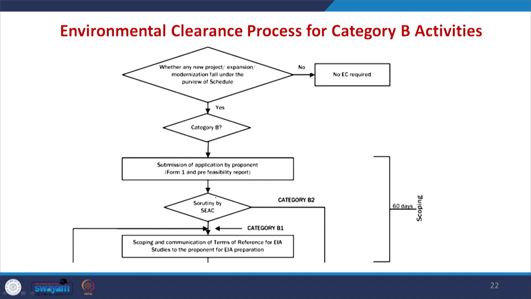Now, environmental clearance is also similar for category B activity. You can see that this is category B and whether it requires a submission or not, and also in this case we have state level environmental impact assessment. The procedure is the same, the only thing is that the committee changes.